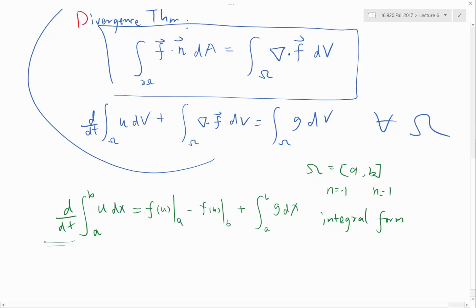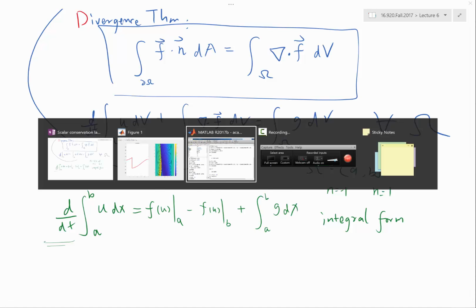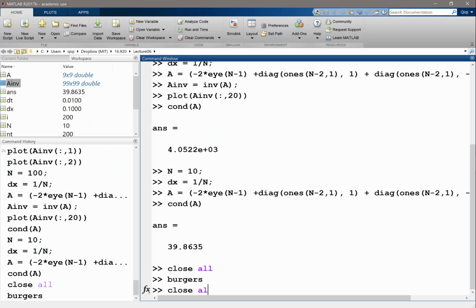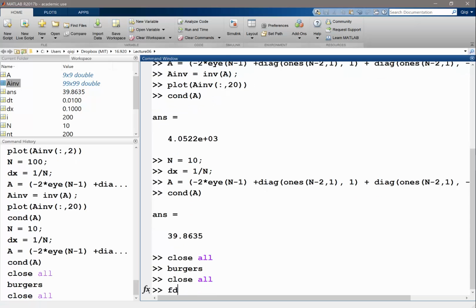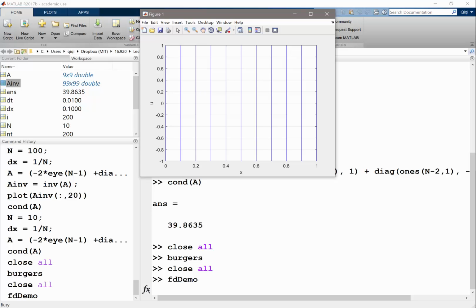Okay, do we still remember what finite volume represents? We had the FD demo, do I still have it here? Right. In the finite difference demo, remember if we have a function, it only stores the value of the solution. That's what we used before in finite difference.